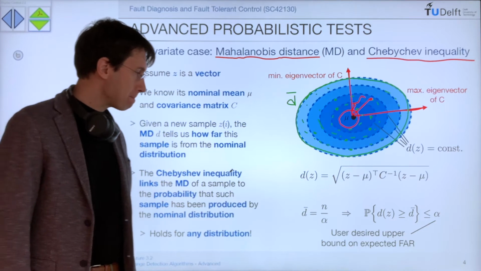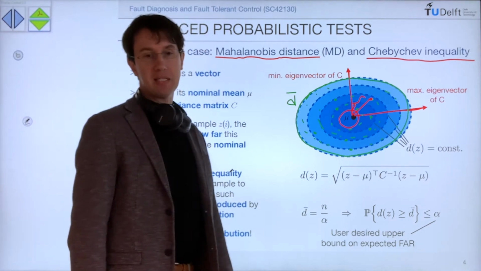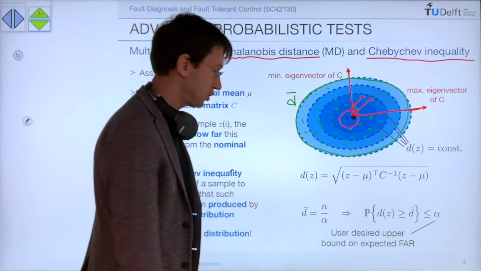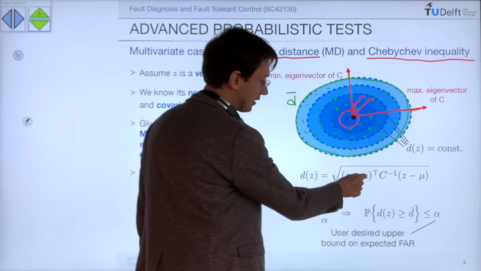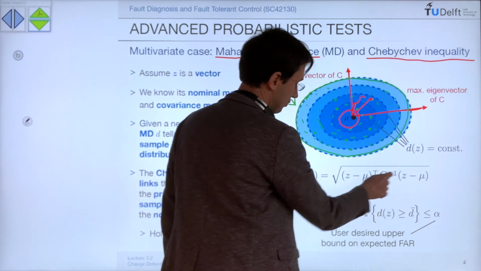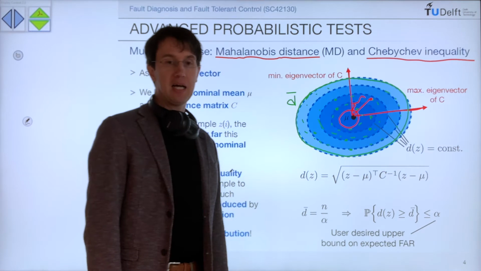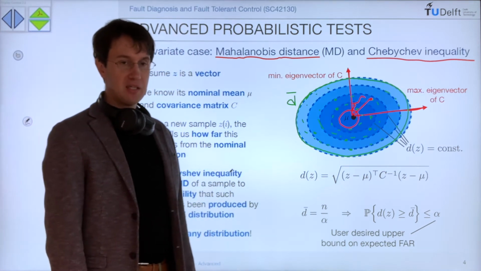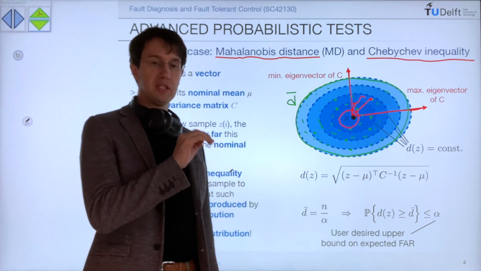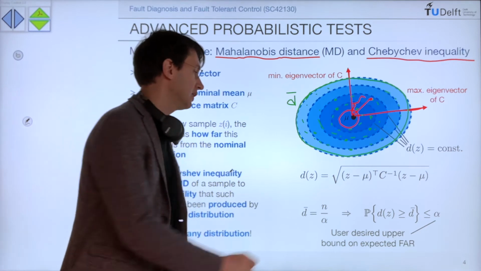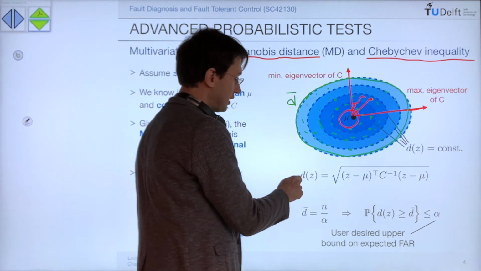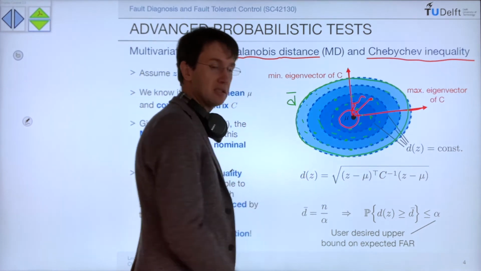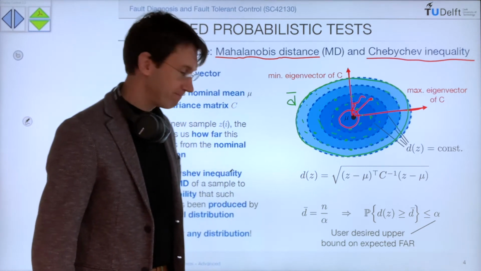The nominal mean and the nominal variance, anyway, shouldn't be a surprise, are the values that we use here to compute the Mahalanobis distance. So you start from the knowledge of the nominal mu and the nominal C. You use them to compute the Mahalanobis distance of each sample that you get.